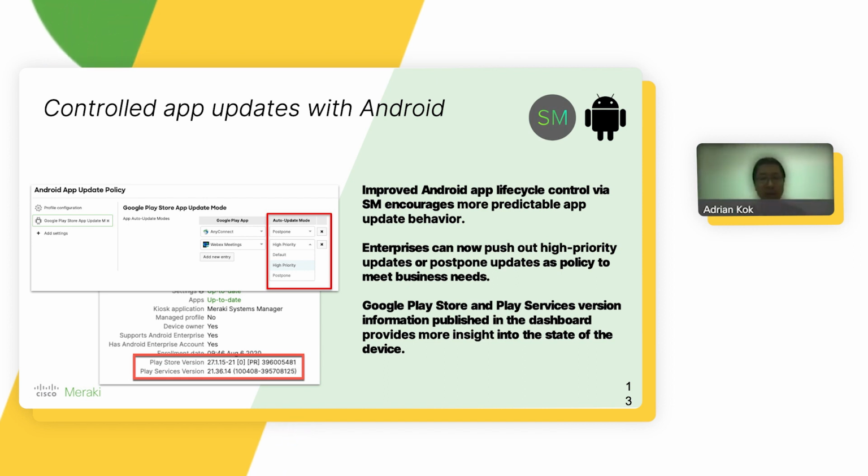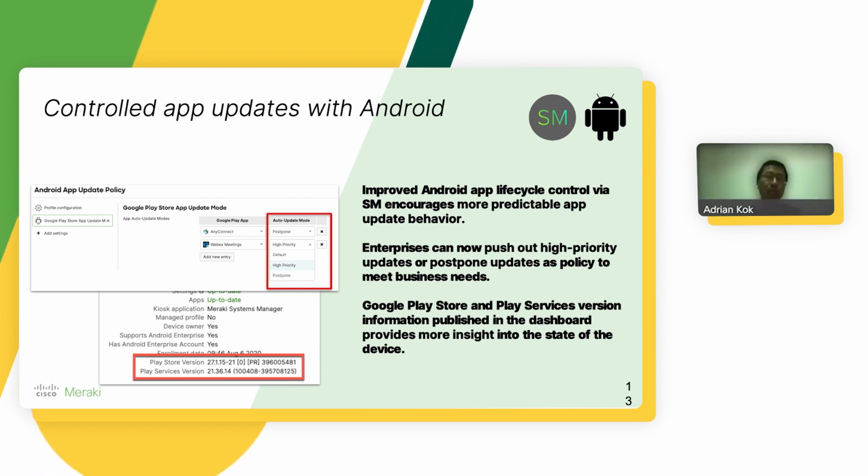That's when you turn the high priority update on. For the postpone update, a typical use case might be that some of you run businesses that have sensitive periods, for example, the shipping period before a big holiday season. I don't want any apps to be updated. I can postpone the app updates for a specific period of time so that my software environment on Android devices is stable. Okay, let's go to the next slide.